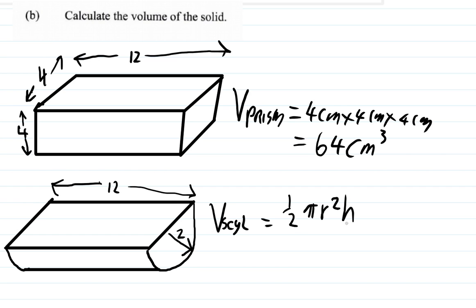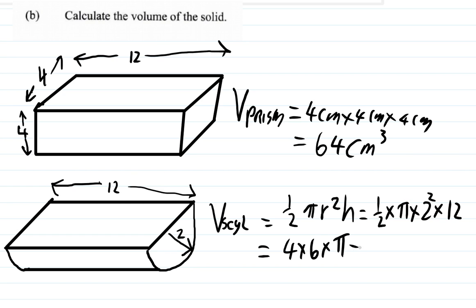So it's half pi r squared h. So this is going to be half times pi times the radius, 2, squared times 12. You could consider this. Half of 12 is 6 and 2 squared is 4. So it's 4 times 6 times pi. See that?